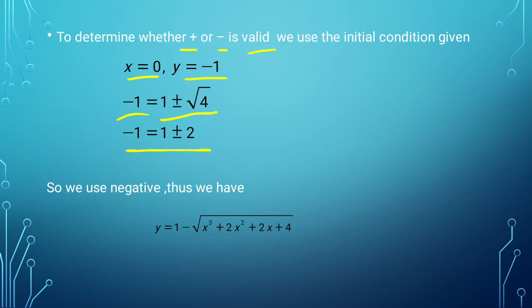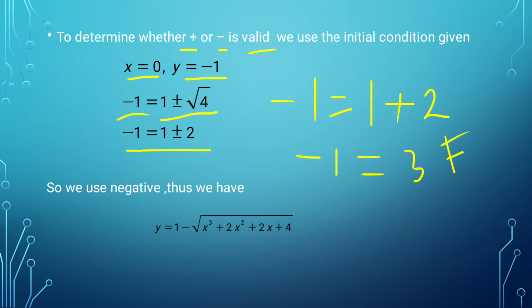So you can see if we say -1 is equal to 1 plus 2, we are getting -1 being equal to 3, which is false.